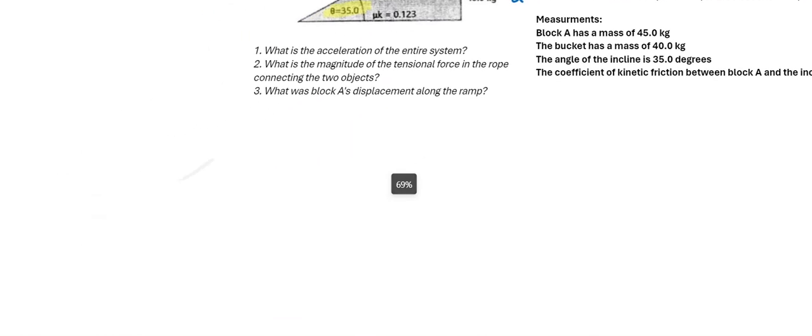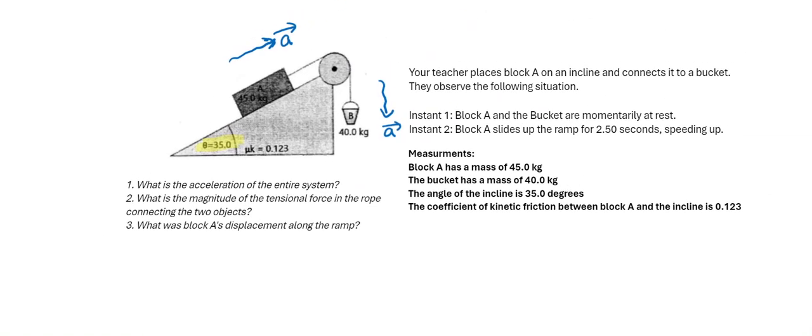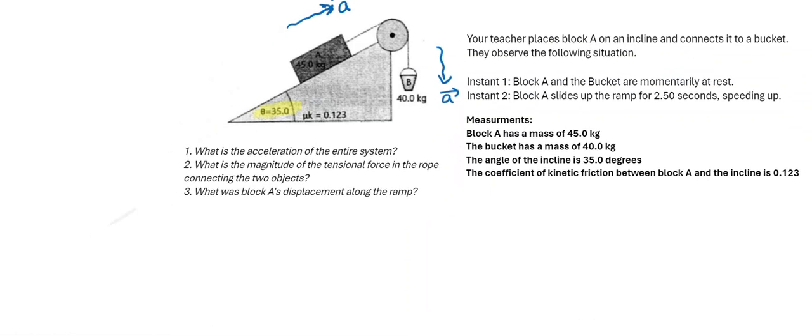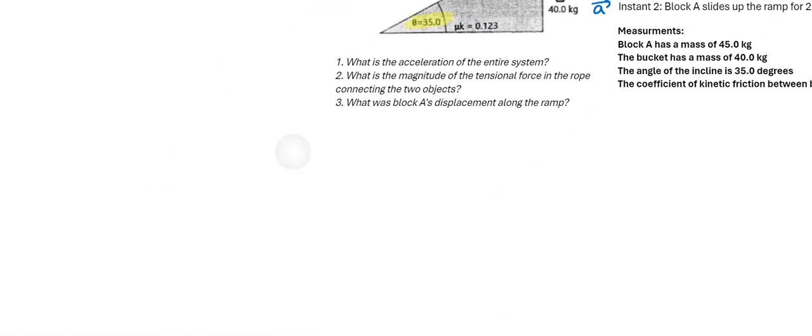Okay, and then once again, we need the free body diagrams. So I'll draw that over here. For object A, we can see that it is actually on a slant. So we're going to set up the coordinate system on a slant as well, because it's going to make things a lot easier for us. So once again, gravity is always there, always pointing downwards.